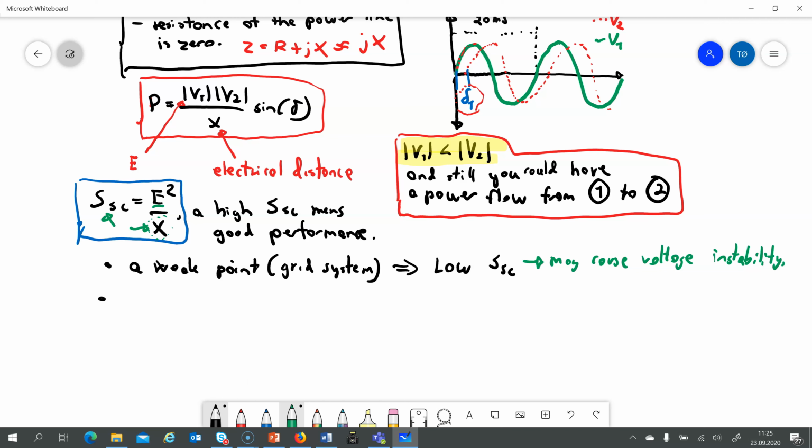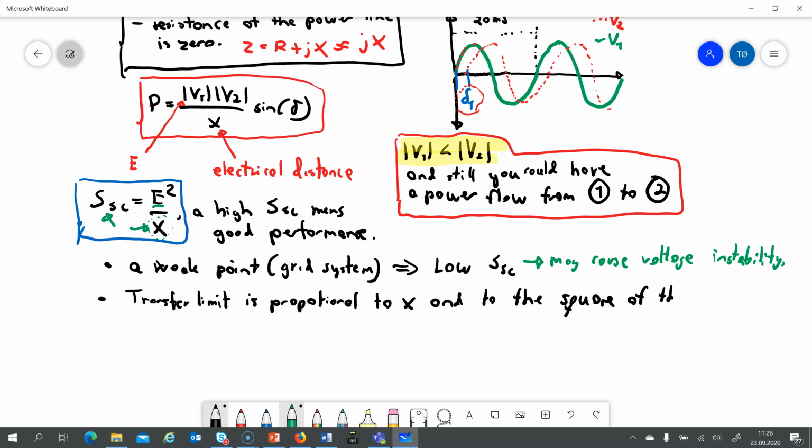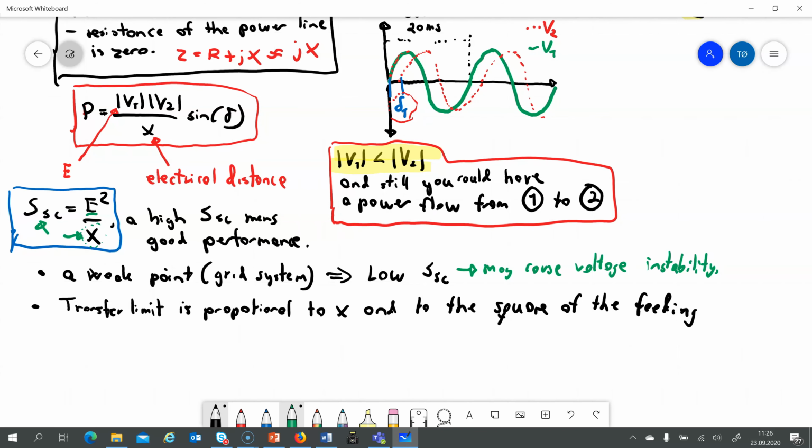We will also see that what we call the transfer limit is proportional to X reactance and to the square of the feeding voltage.